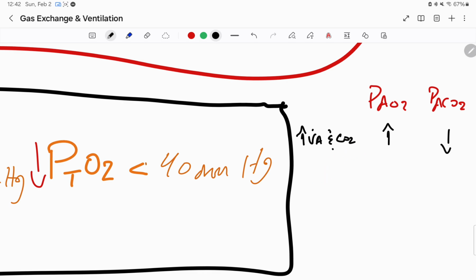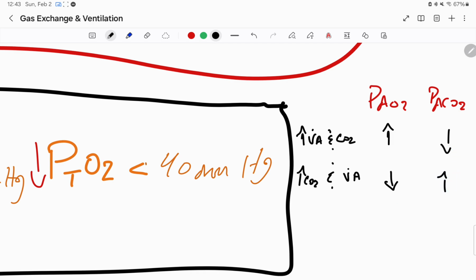Let's take another one. Let's say you have high CO2, which means your metabolism's high, but you have the same alveolar ventilation, so you're not increasing it. If that is the case, what's going to happen is you're going to have a low partial pressure of alveolar oxygen, and you're going to have a high CO2.